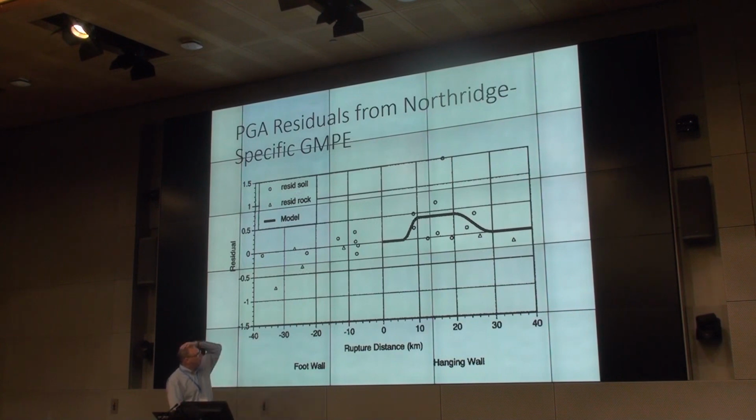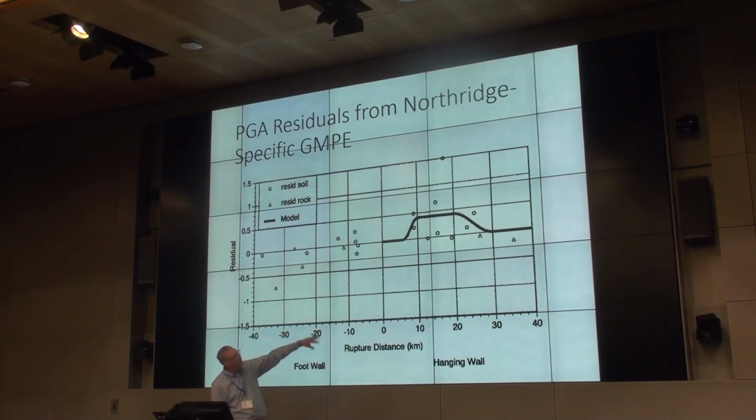Using the data that was available from Northridge, what's shown on the x-axis is the rupture distance, but keeping track of whether you're on the footwall side, which is negative, or on the hanging wall side, which is positive. And the circles there are the residuals. That's the misfit of a model that was fit to Northridge data compared to the observation.